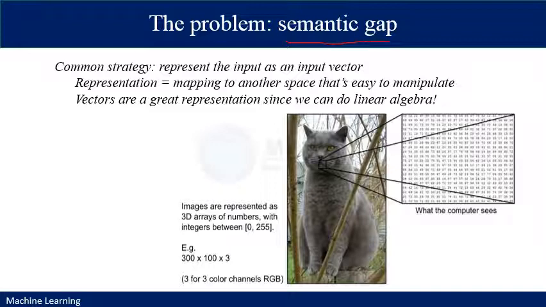However, the computer observes the patterns using represented 3D arrays of numbers with integers between 0 and 255, specifically for images. For example, we have an image of dimensions 300 by 100, and for each image we have three channels for red, green, blue, so each pixel will be multiplied by 3.